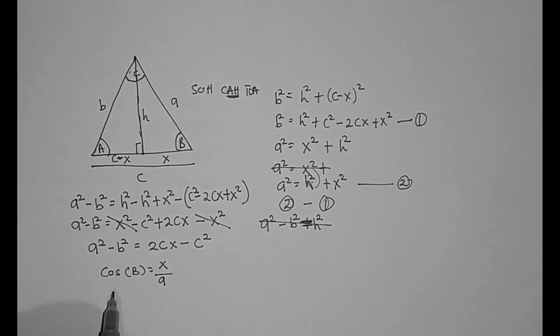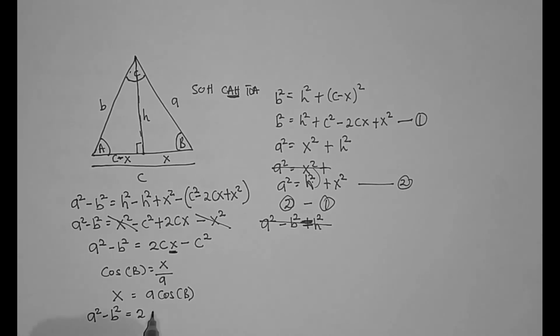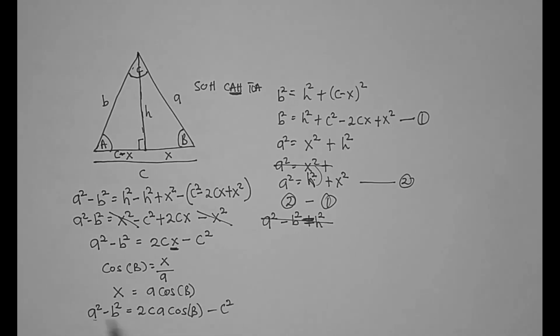Making x the subject, we see that x is equal to a cos b. So we can replace this x with a cos b, and therefore a squared minus b squared is equal to 2ca cos b.